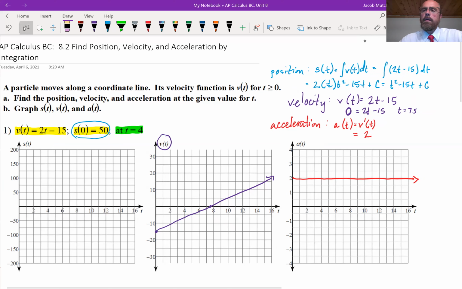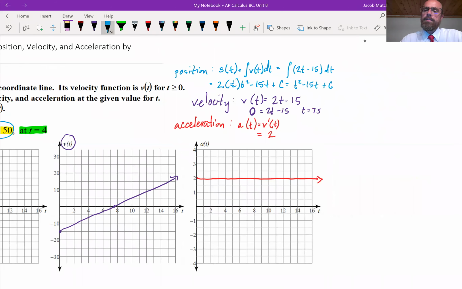So then we're going to say that when t is 0, the whole function equals 50. So 50 equals 0 squared minus 15 times 0 plus c. And those zeros are going to cancel out. So we see c is exactly equal to 50.